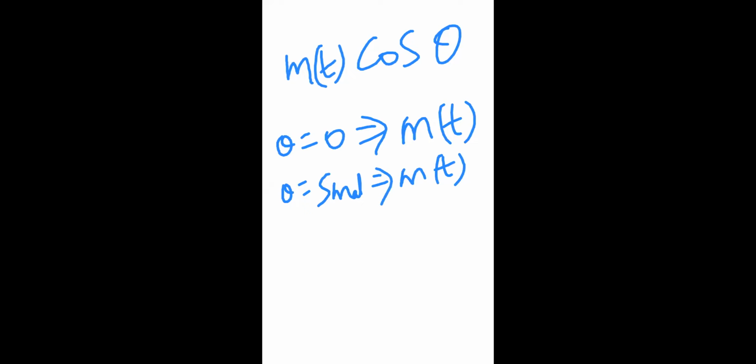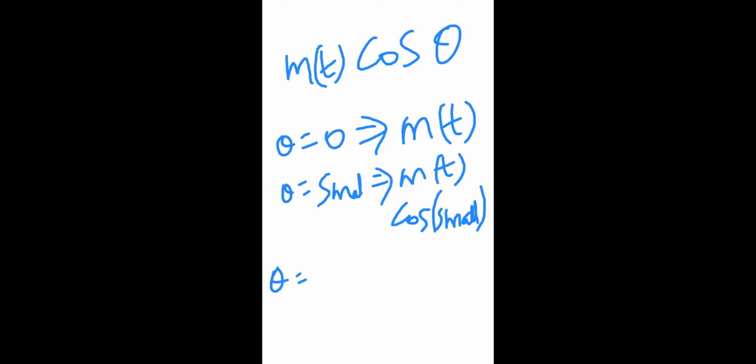For example, theta can be 10 degrees or 20 degrees, and cos of a small value is around 0.9 or 0.8, so there is some reduction from your original message signal.